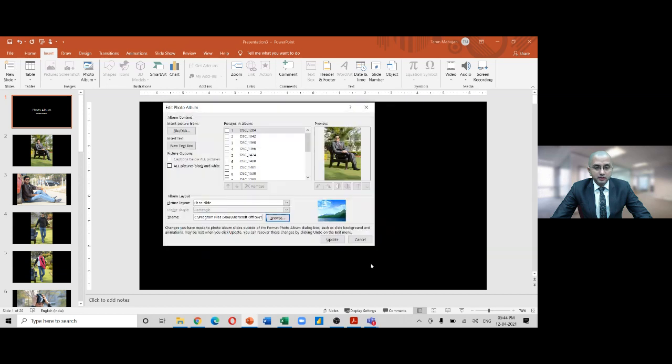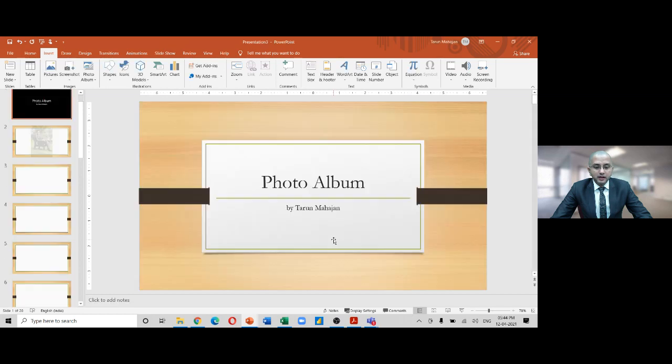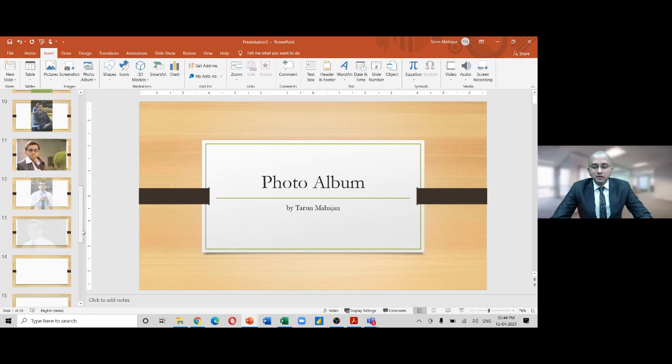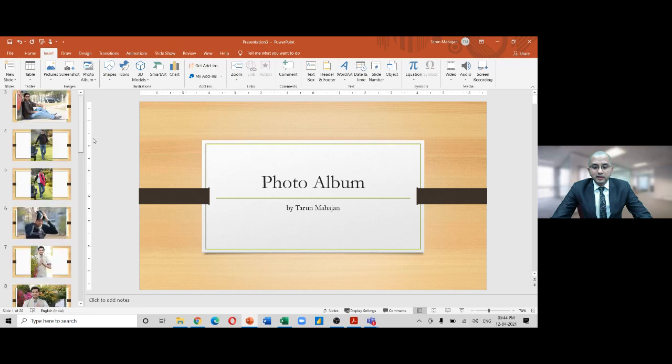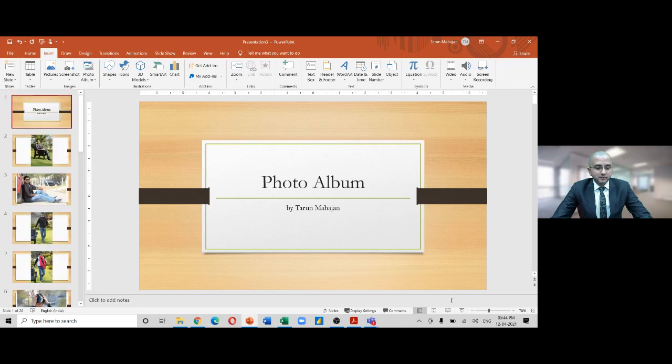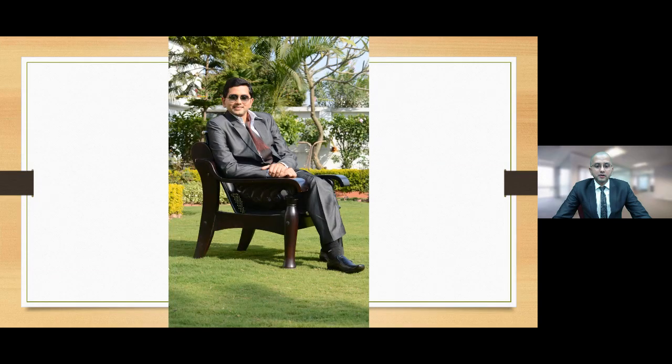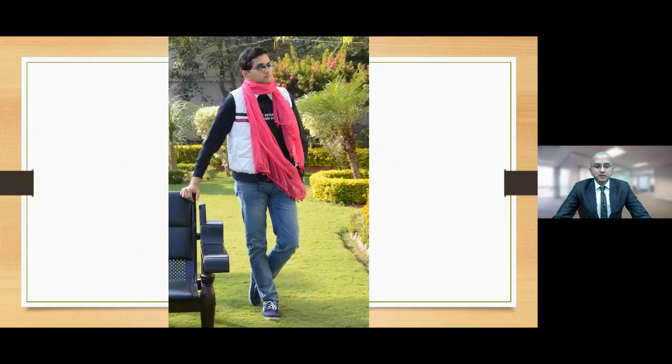I don't know what this is. And then I say update. So look here, I can change the theme like this. And then when I run this PowerPoint presentation, it will look like this.